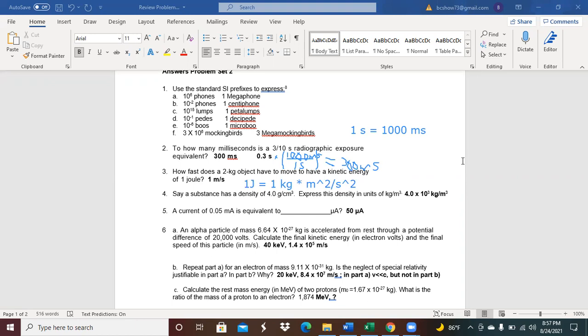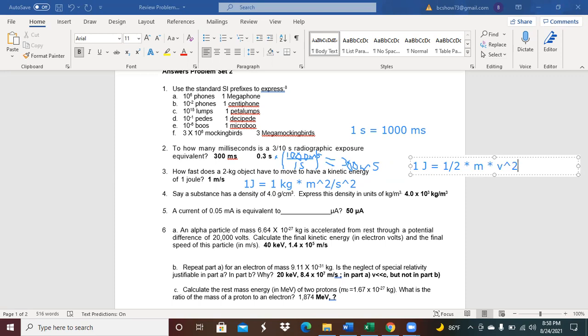Why do I bring that up? Why is that important? Well, it's important for this reason. If we're looking to see how fast this object has to move to have a kinetic energy of 1 joule, we know that 1 joule is equal to, sorry, start off with this, 1/2 times m times v squared.